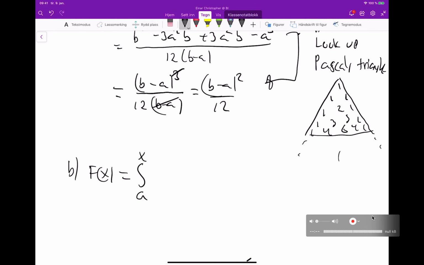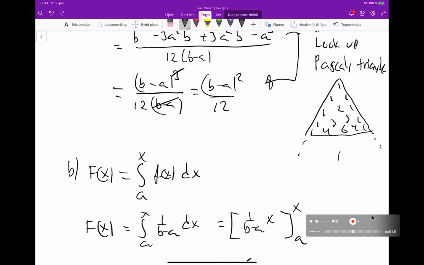And we are integrating the density function f of x dx. And putting f of x, we know what is. That is 1 divided on b minus a dx and this is just equal 1 divided b minus a x, x a.